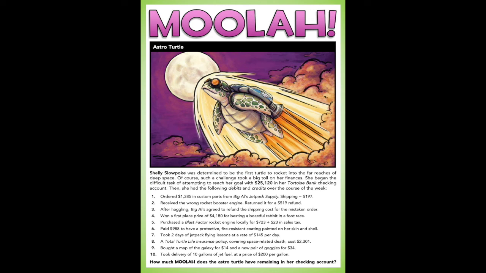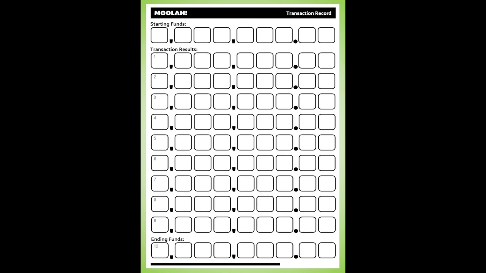Alrighty, are you ready? How much moolah does the Astro Turtle have remaining in her checking account? Now, here is how the paper looks. If you wanted to print this out, if you could print it out. If not, you can just write it down. And on step 10, you should get your final answer.